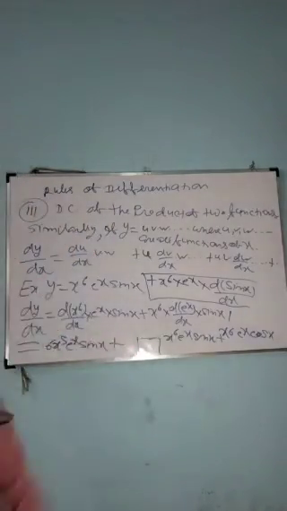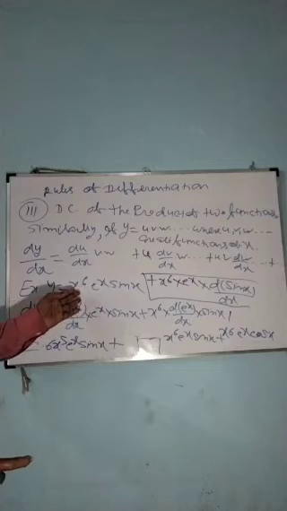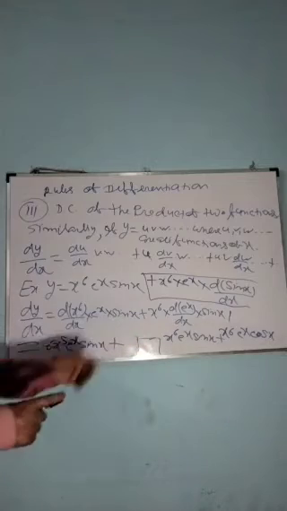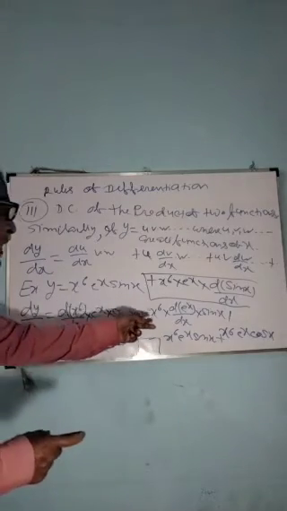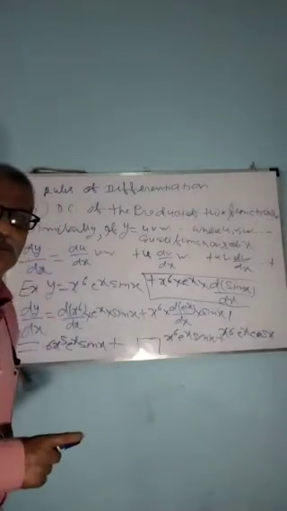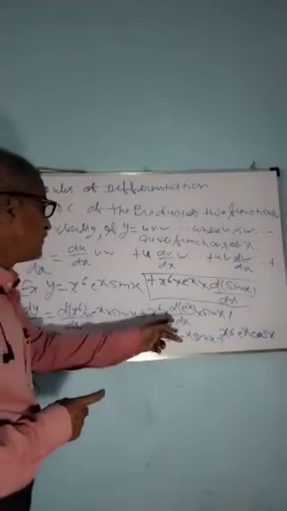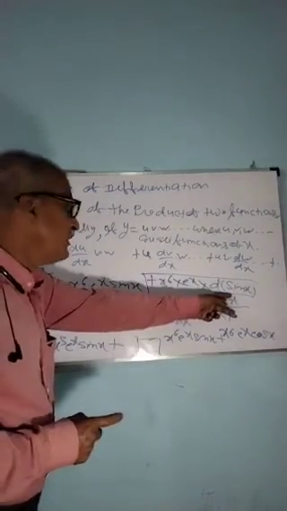Here I have taken three functions. In the example, we obtain the DC of one function and write the rest as a product and multiply the rest of the functions, plus again we obtain the DC of the second function and multiply the rest, again plus we obtain the DC of the third function and write the rest, and this way we move further according to the number of functions.